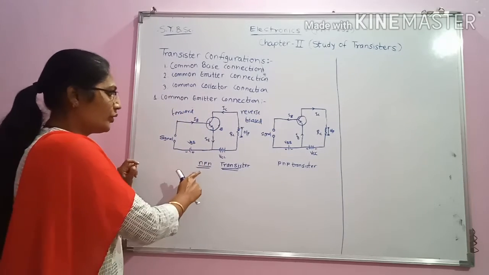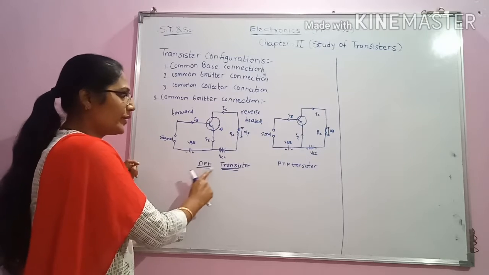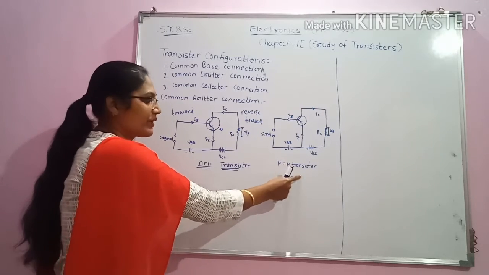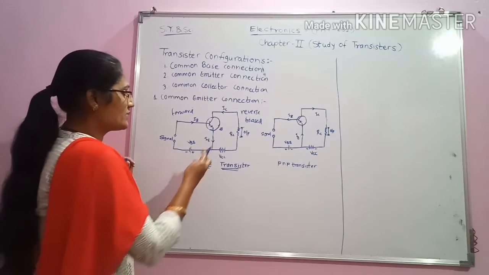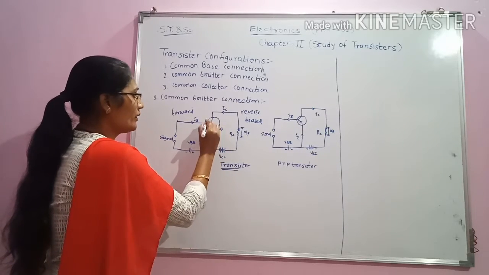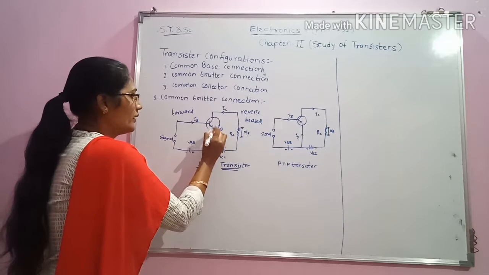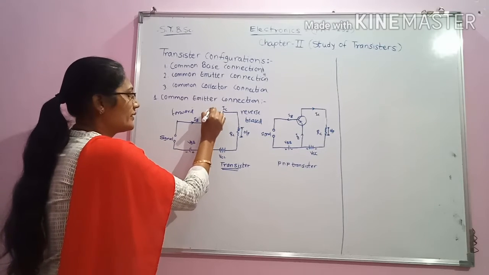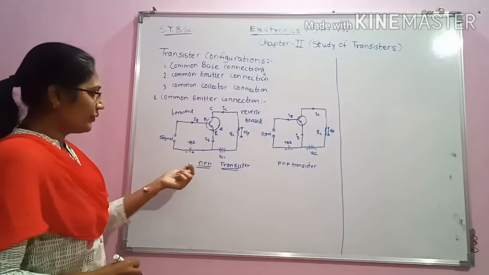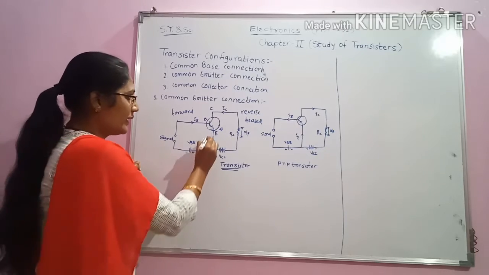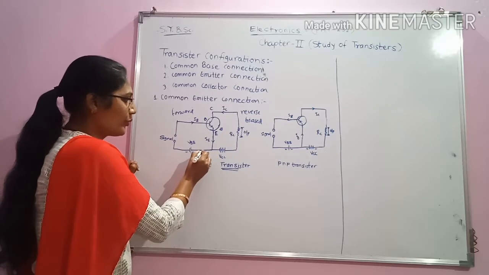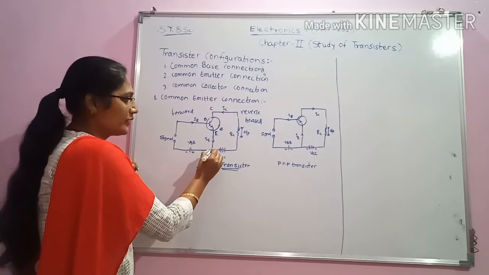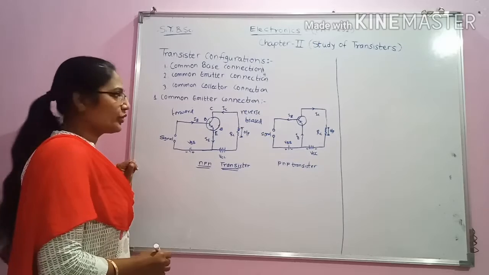And here two transistors are shown, NPN transistor and PNP transistor. In case of NPN transistor, here it is emitter, here it is base, and here it is collector. If you observe this diagram, then emitter is made common. It is contributing to input also, and it is contributing to the output also.